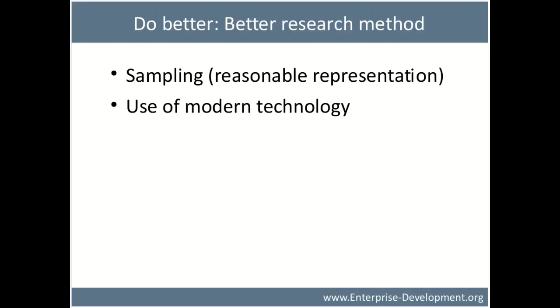The next point I wanted to make was about using modern technology. We are hearing more and more programs using modern technology to increase efficiency. I won't spend much time on it because the next 2 presentations will give you a flavor of some tools being used in the field.